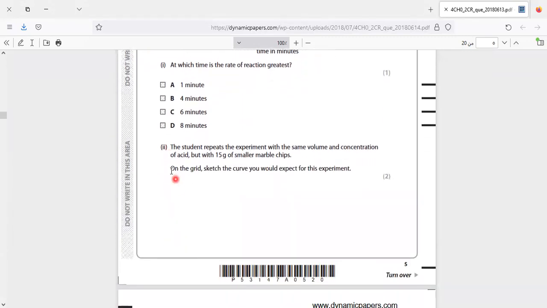Question number 2. The student repeats the experiment with the same volume and concentration of acid, but with 15 grams of smaller marble chips. On the grid, sketch the curve you would expect for this experiment.